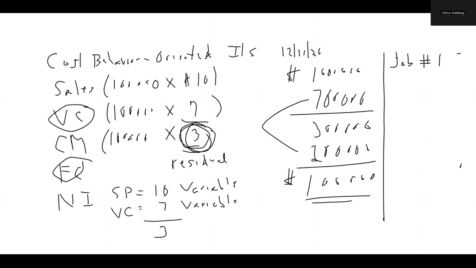That's why I call it a residual. I can't make the $3 change by itself. I can have the selling price change, I can have the variable cost change, and that would change my contribution margin, but I cannot change my contribution margin directly.